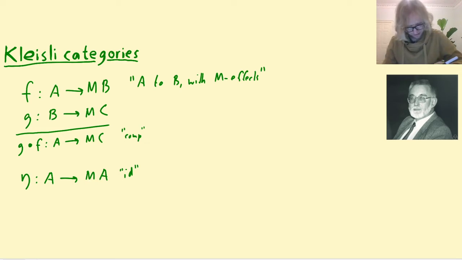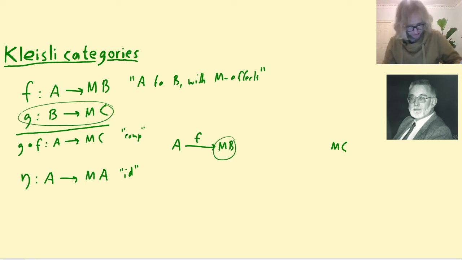So let's see if we can do this. We start in A, and I want to end up in m of C. Well, first I can use f to take me from A to m of B, right? And then I can't use g directly because that doesn't match the domain here.